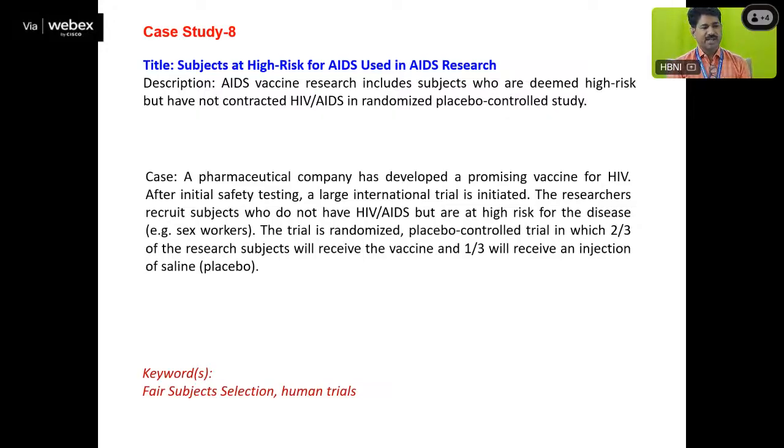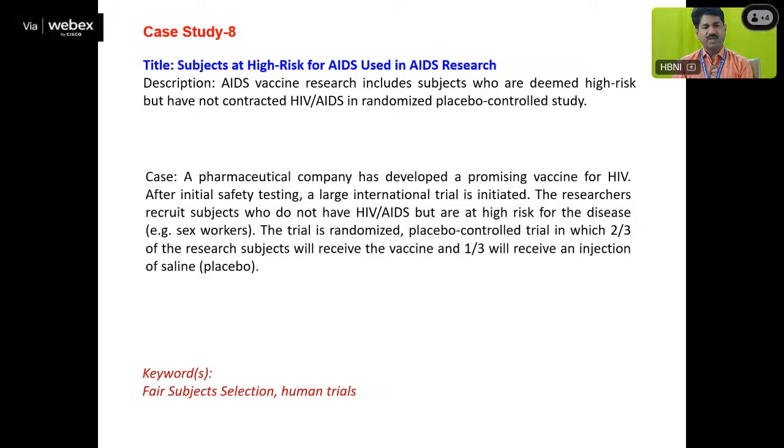So in the previous class, we have discussed that during any research, when we are using various subjects, it has to be randomized and it has to be selected in a fair manner. So there should not be any bias during the selection of the participants.